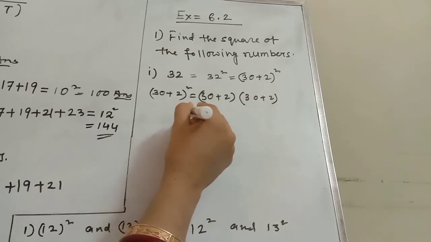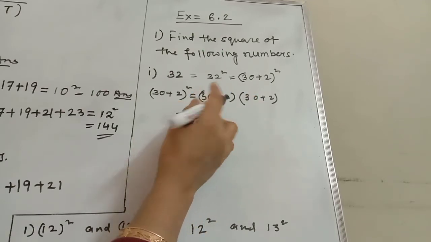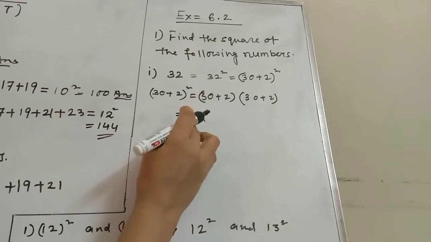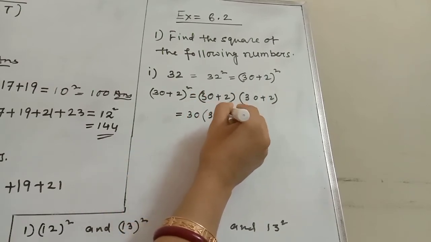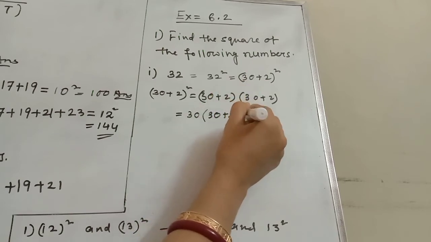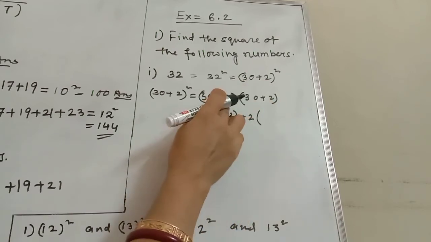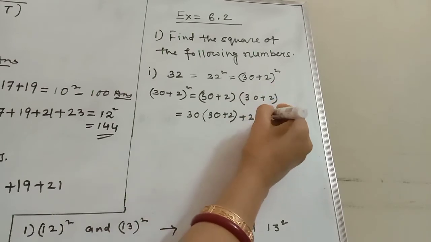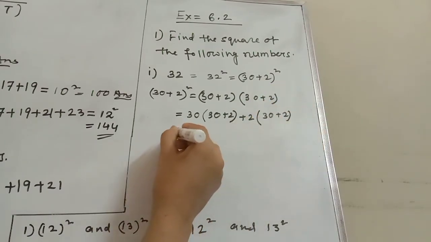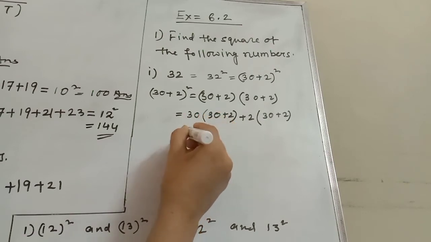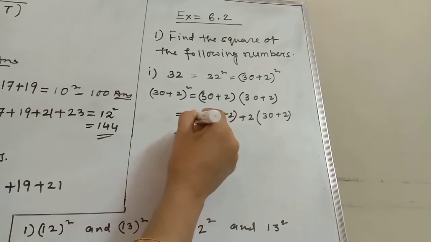How can you get it? You will multiply 30, this 30 I am writing outside, with 30 plus 2, and this 2 with 30 plus 2. Then what can you write? 30 into 30, and 30 into 2, and 2 into 30, and 2 into 2.